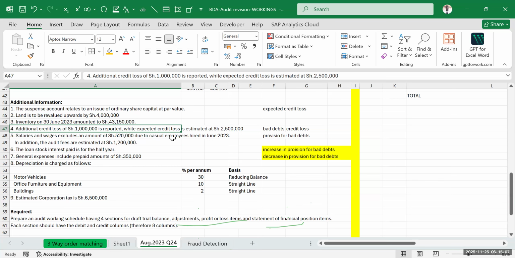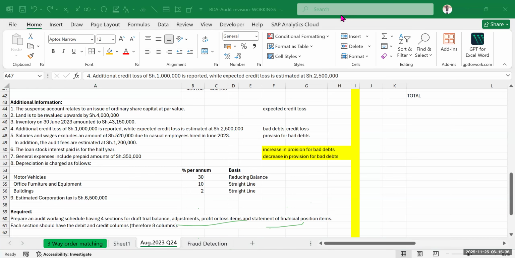Provision is normally debited in the income statement. So when you debit the statement of profit or loss with a provision of 2.5 million, we need to ask ourselves, in the adjustments column, is there an account of provision that we are adjusting? The answer is no. There is no account of provision that we are adjusting. Credit.